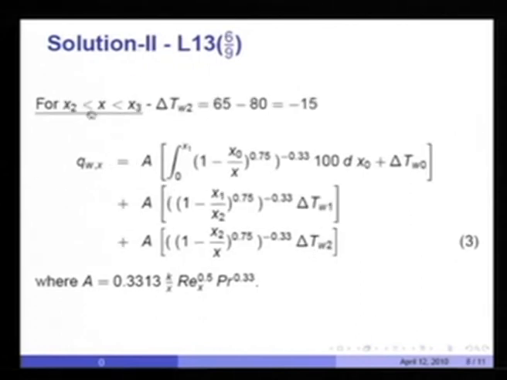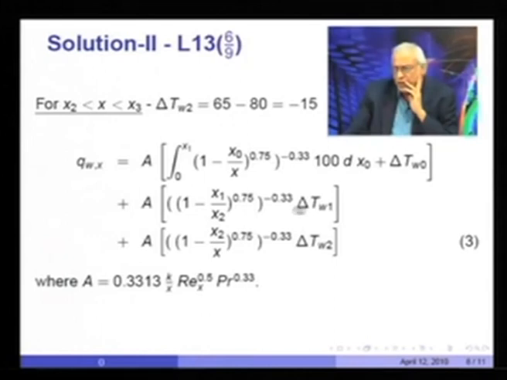From x2 to x3, now there is a delta Tw2, which is 65 minus 80, that is minus 15. So, remember here the solution up to x1 is correct. This is the solution up to x2 now. This is x1 divided by x2 to the 0.75, to the 0.33, delta Tw1, and now you have another step change, which is 1 minus x2 by x to the 0.75, and it will go up to x3.